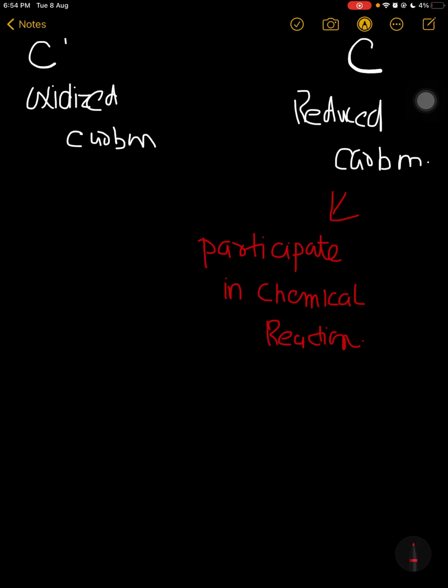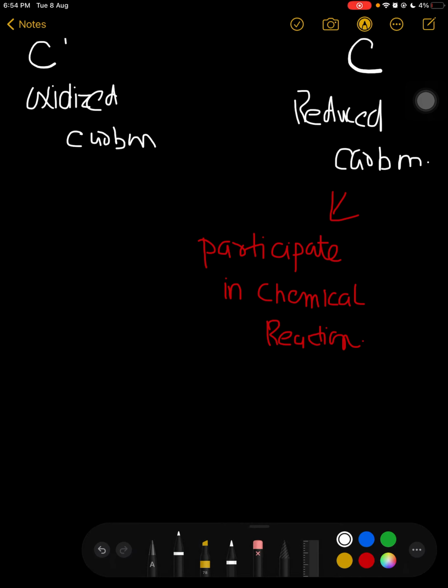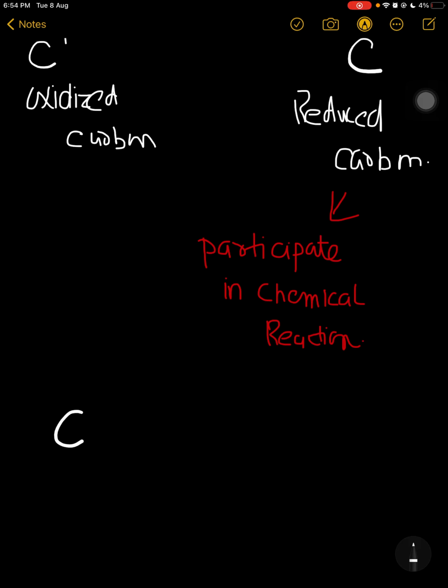Now you may be wondering how this reduced carbon will participate in a chemical reaction. Consider that this is a carbon, and it has the losing property. It has a negative charge, which means it has plenty of electrons, so it can give its electrons.